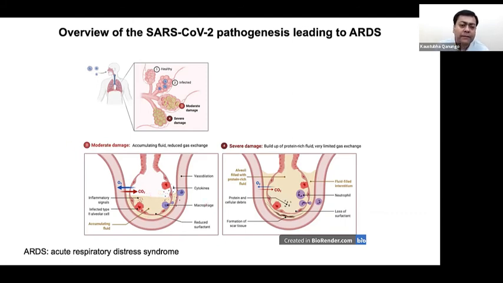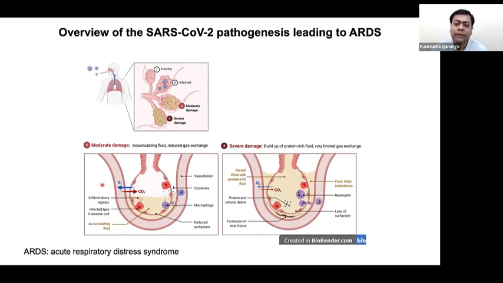So when you have this infection, these cells, the type 2 alveolar pneumocytes, will release inflammatory signals. They will cause the cytokine release that will cause the vasodilation. That means the capillary around that alveolus will increase. As the vasodilation occurs, that's an inflammatory response, it will secrete more tissue fluid. This is as simple as when you have a mosquito bite and you just have a bump there.